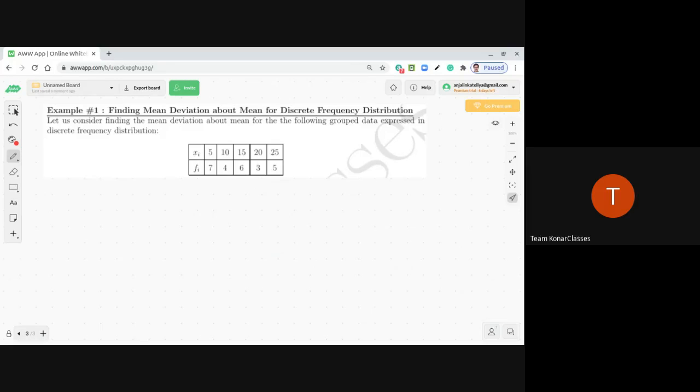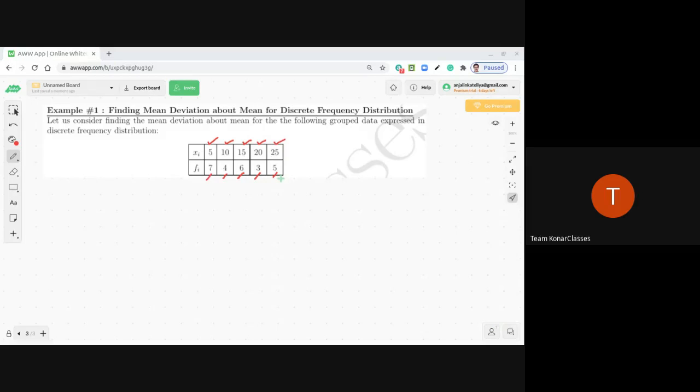These are the values x1, x2, x3 and so on; there are 5 values given here: 5, 10, 15, 20, 25, and their frequencies. Frequency 7 means the value 5 occurred 7 times. Similarly, the value 10 occurred 4 times, the value 15 occurred 6 times, like this.